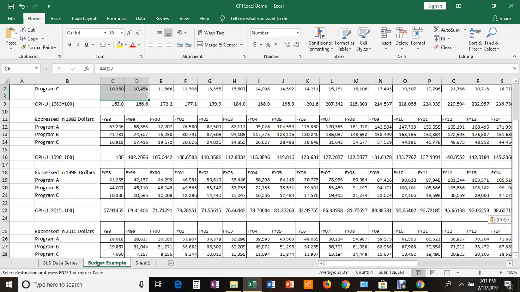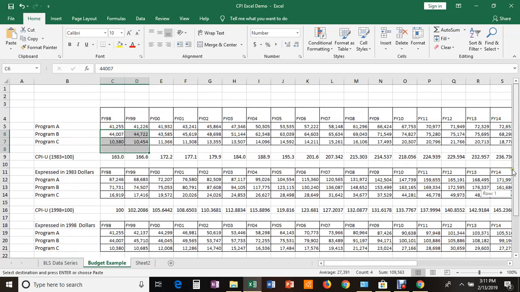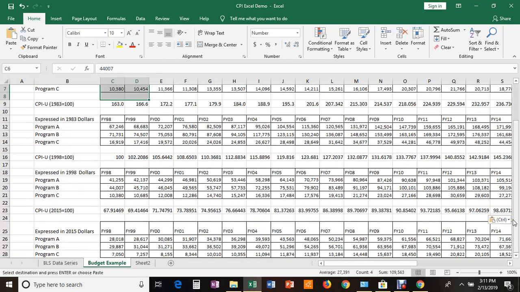So actually, I still didn't really spend as much in 1998 that I said I did. So that's a practical example of how to use the CPI to determine that.